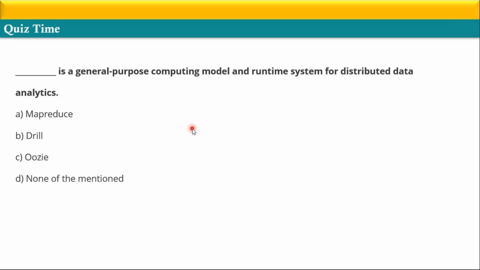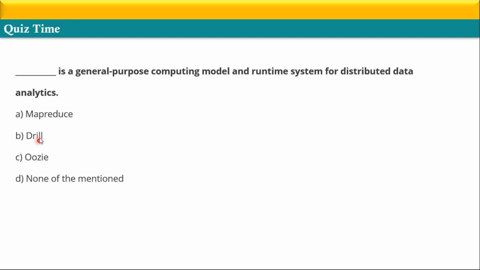So, sir, Apache drill is a general purpose computing model and runtime system for distributed data analytics. So I guessed drill for the same. Yes, from the analytics perspective that is fine, but that is not a computing model. You will be able to maintain schema and all with the help of Apache drill, but that is not a processing framework.